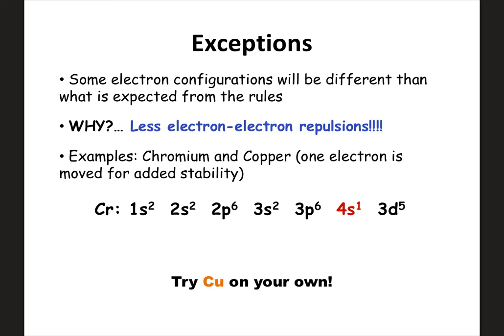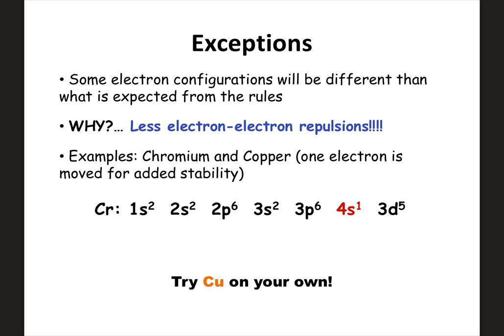So for example, chromium would not be 4s2, 3d4. Chromium is actually 4s1, 3d5. It moves one electron into the d sublevel so that each orbital has one electron in it. And we said in honors that this was due to stability. Copper and chromium did this due to stability.